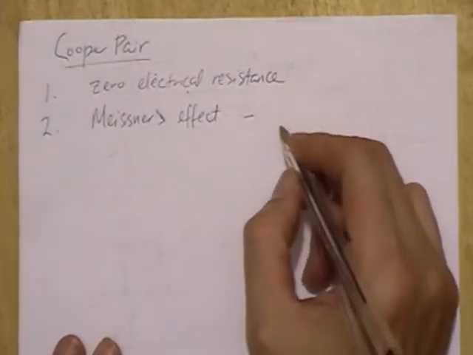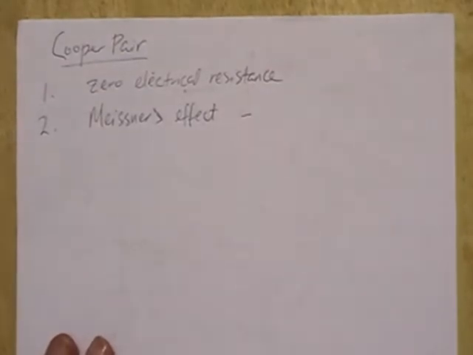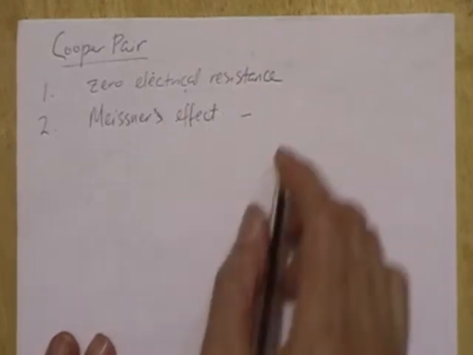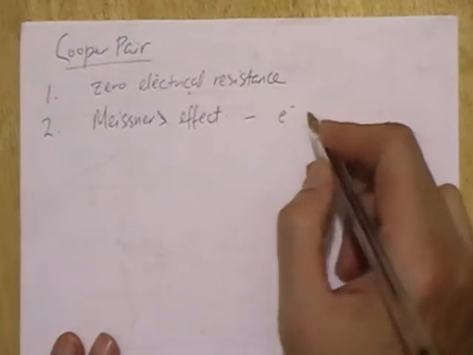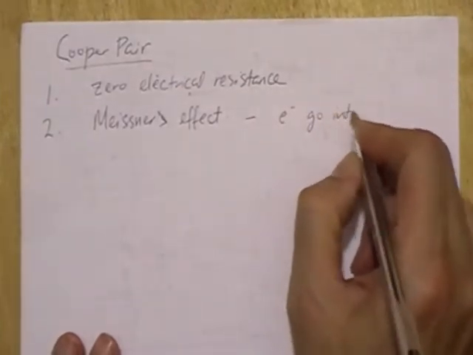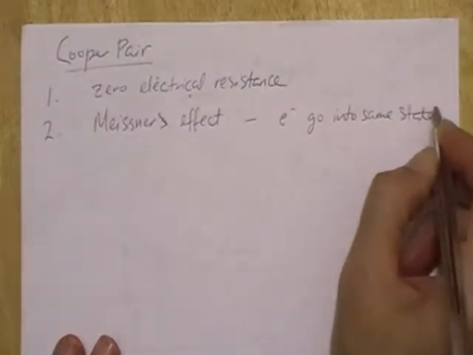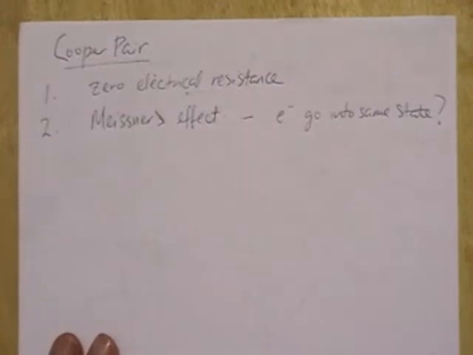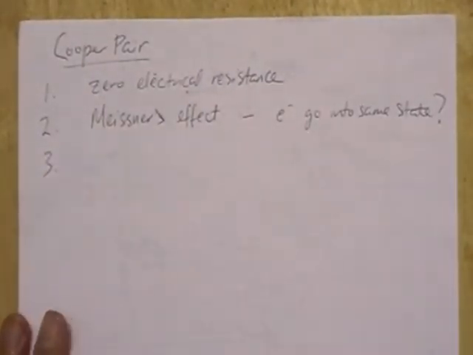That was how the electrons can all go to the same state and form a single giant wave function. How is that possible?